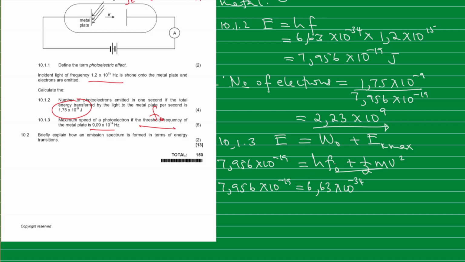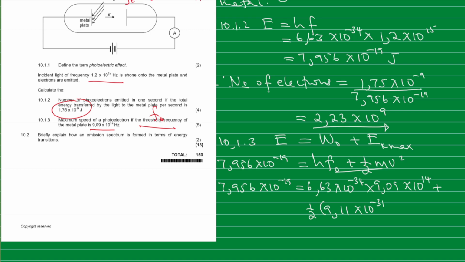And then the cutoff frequency is given, so we are going to multiply by 9.09 times 10 to the power 14, plus half mv squared, so plus a half times m, 9.11 times 10 to the power negative 31.